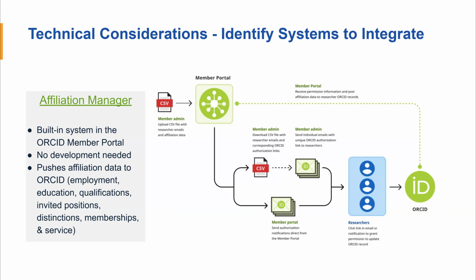So affiliation data that you want to send to your researchers, or say if you're an association and you want to recognize people that worked as a committee member or a committee chair, so you can push that to their ORCID record. So those are just some examples of ways that you could push affiliations to somebody's ORCID record.